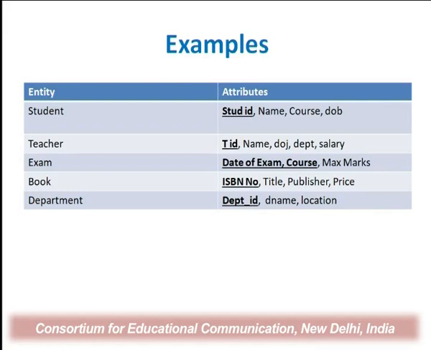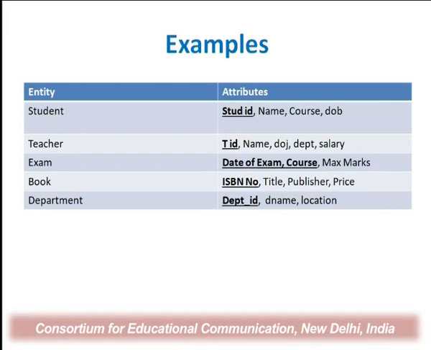Now, in this case there is one important aspect to be seen: for most of the entities, a single attribute has been shown underlined and in bold. This attribute is the identifying attribute, that is, the value of this attribute is going to identify the specific instance.